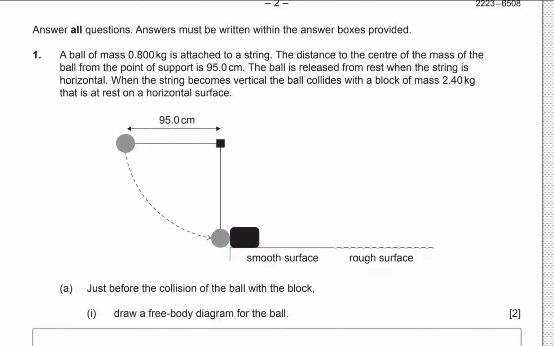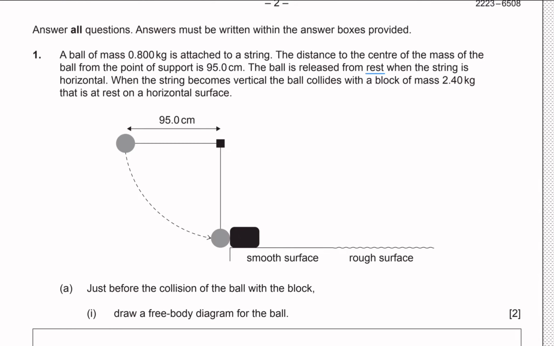So this is going to be the first question in the May 2023 Time Zone 1 Paper 2. Here we are told that a ball of mass 800 grams is attached to a string. The distance to the center of mass of the ball from the point of support is 95 centimeters. The ball is released from rest when the string is horizontal.